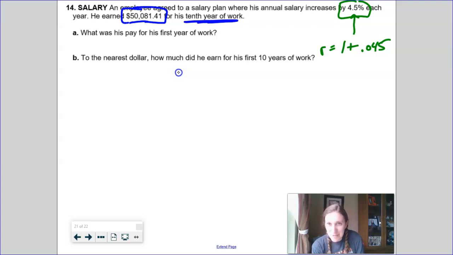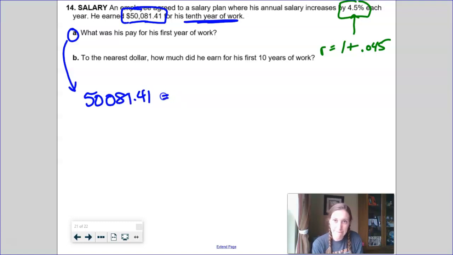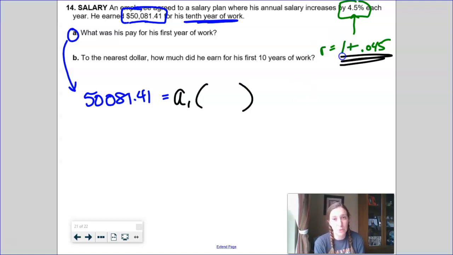So, here's what we're going to do. We're going to take this problem. I'm going to use this workspace down here. The answer to the 10th is $50,081.41. I don't know his initial work pay, his first year, but his raise increase is 4.5%, so that's 1.045.